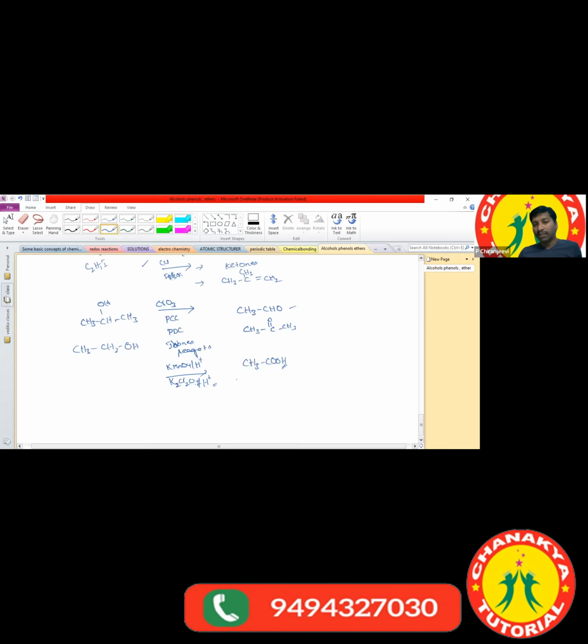How many carbon atoms less? One carbon atom less is formed.